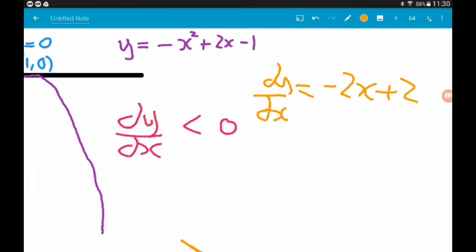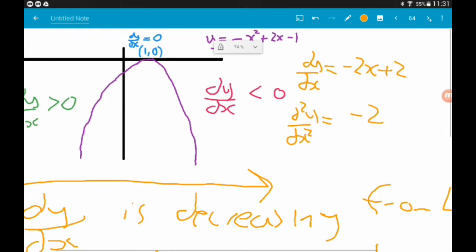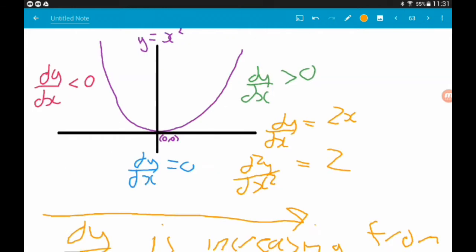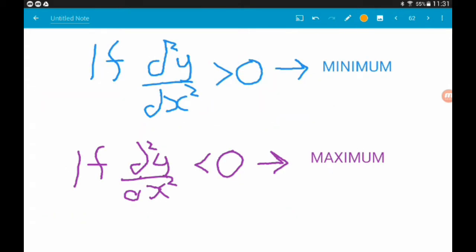And then our second order derivative, so d squared y by dx squared, well, that's just going to be minus 2. So we have a negative rate of change of our gradient as we expected. So hopefully that's helped to explain why these two are the way they are.